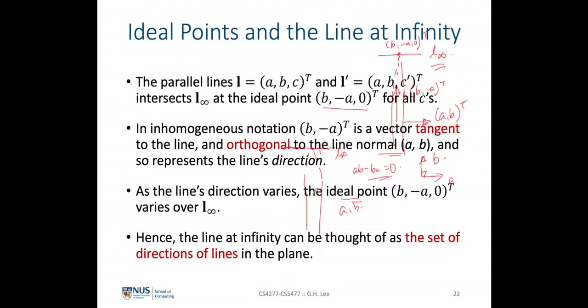But what it means here is that with the change of the direction of the parallel lines, the intersection at infinity is going to vary, and this simply means that the tangent, the direction of these parallel lines, is going to change with A and B. Hence, the line at infinity can be thought of as a set of directions of the lines in the plane, since all these are going to live in the 2D plane.